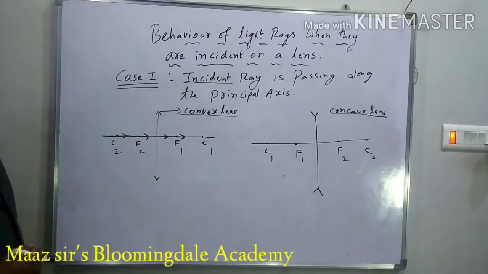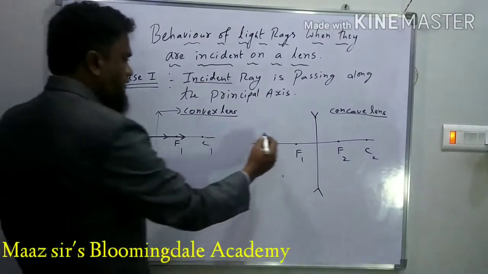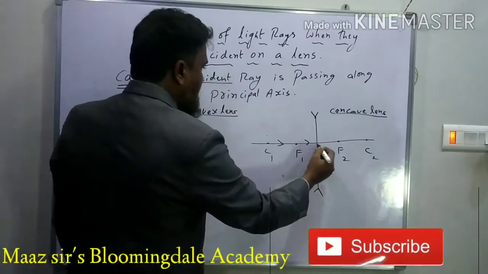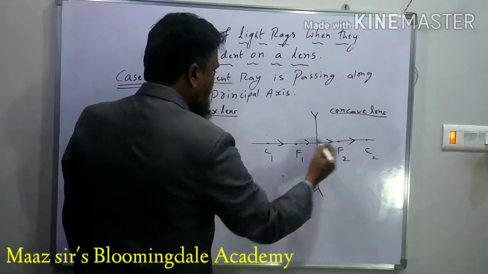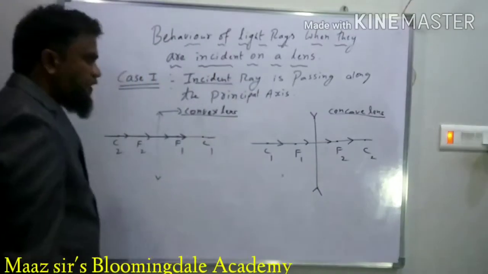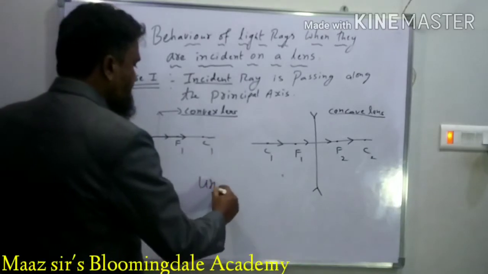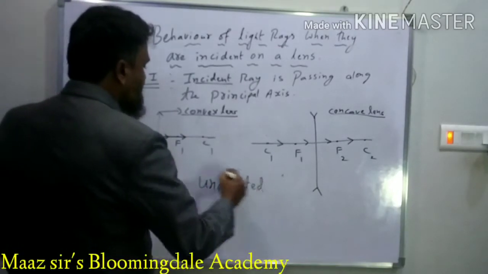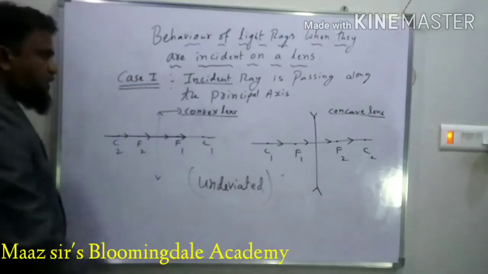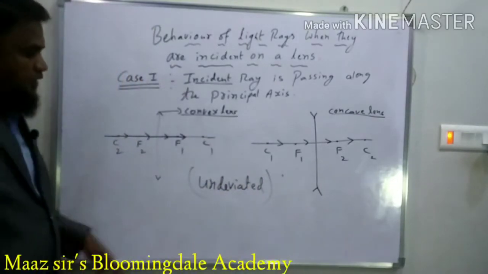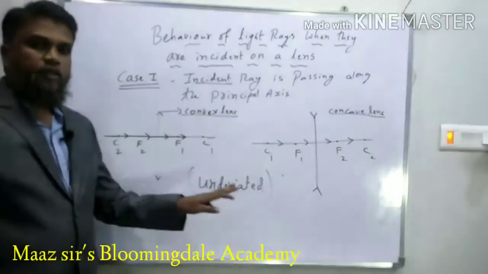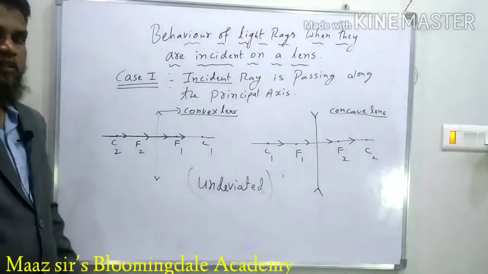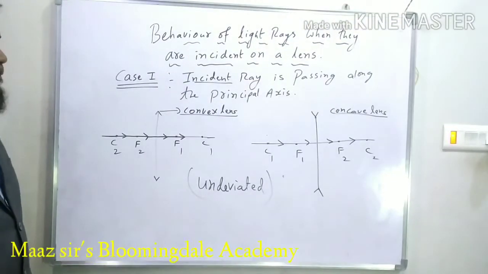So when it is passing along the principal axis, here also in the concave lens, what is happening to the ray? It is undeviated. What is the result in this case? The ray is undeviated. The incident ray is undeviated.